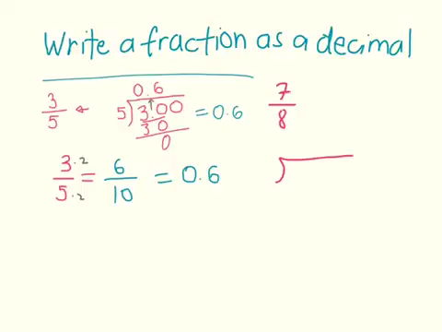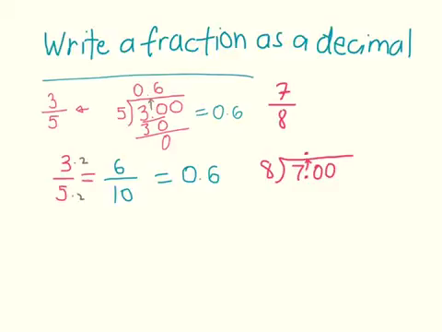And so we begin by writing our numerator as our dividend, and we're dividing by 8. Again, we'll add some zeros because we know we're going to need them, and we'll move our decimal point into the right spot.